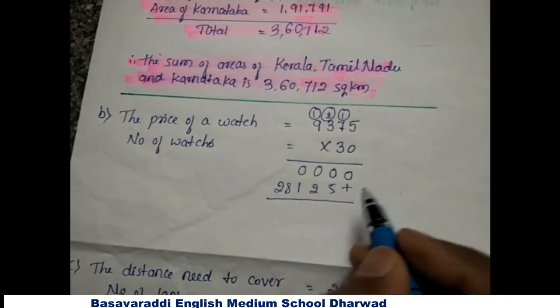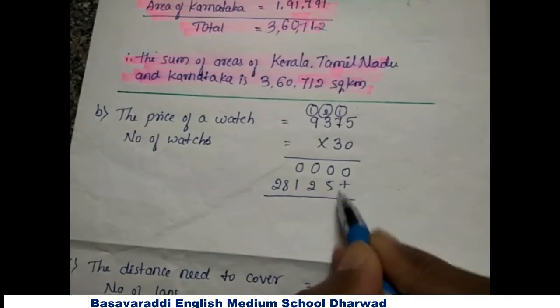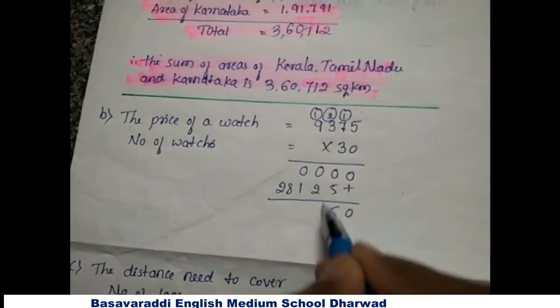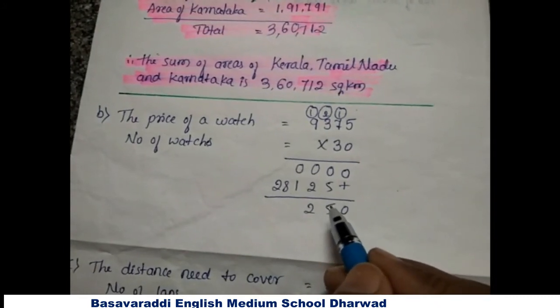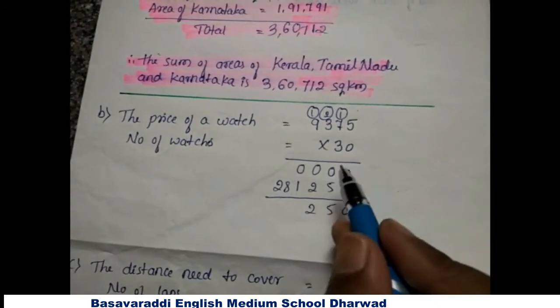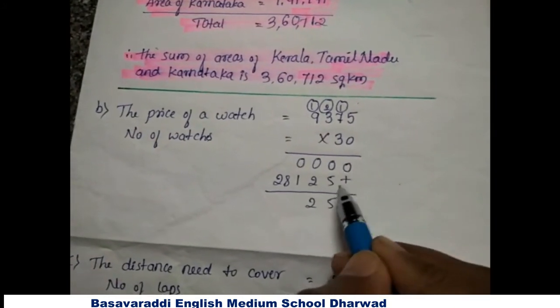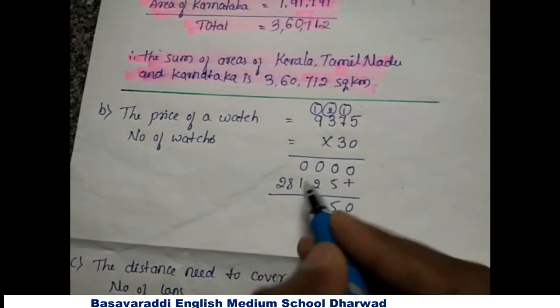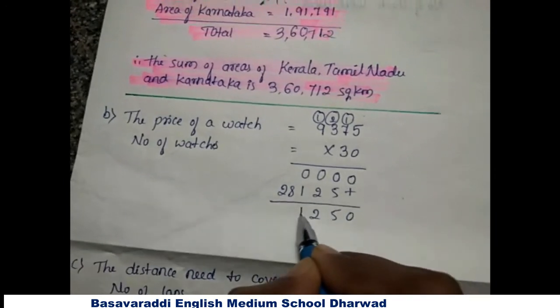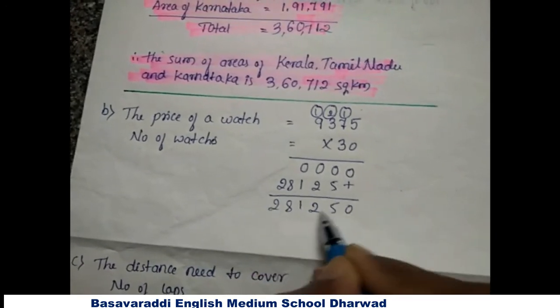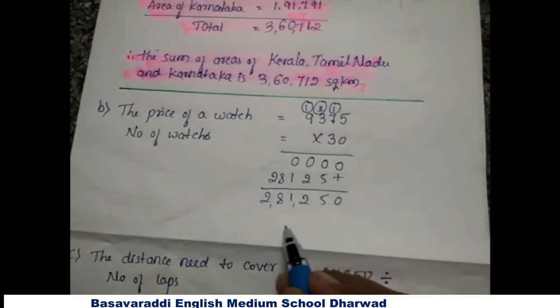Let's add the sums. The 0 plus 5 is 5, 0 plus 2 is 2. Any number added by 0 gives the number itself. 0 plus 1 is 1. The 8 as it is, 2 as it is.